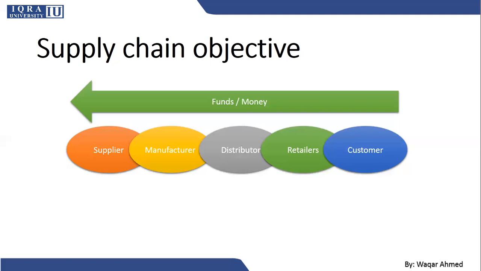Now this leads to another probing question. Think from the lens of a supply chain strategy maker, those who make decisions, the policymakers. Are we able to fulfill all the wishes of all the customers?